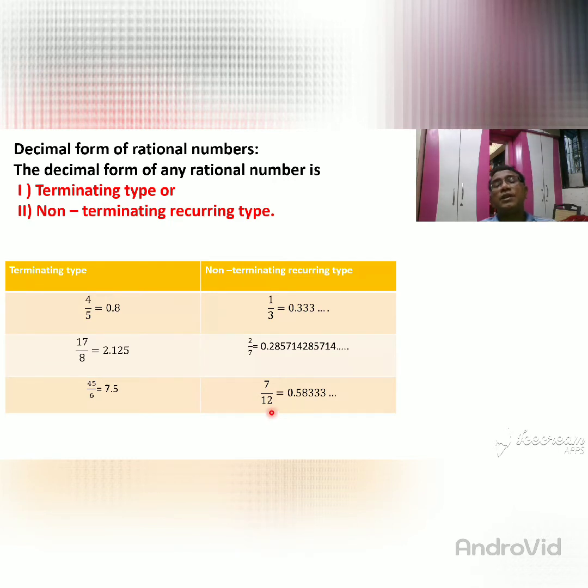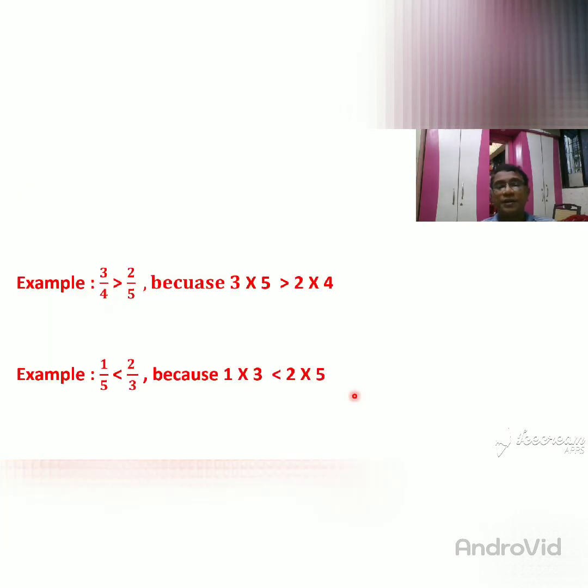Then 7 divided into 12: 12 into 0, decimal point, it becomes 70. 7 10s are 70... 7 5s are 35... if you divide this, you get 0.58, and the 3 is coming again and again. In such a way it is non-terminating recurring form.